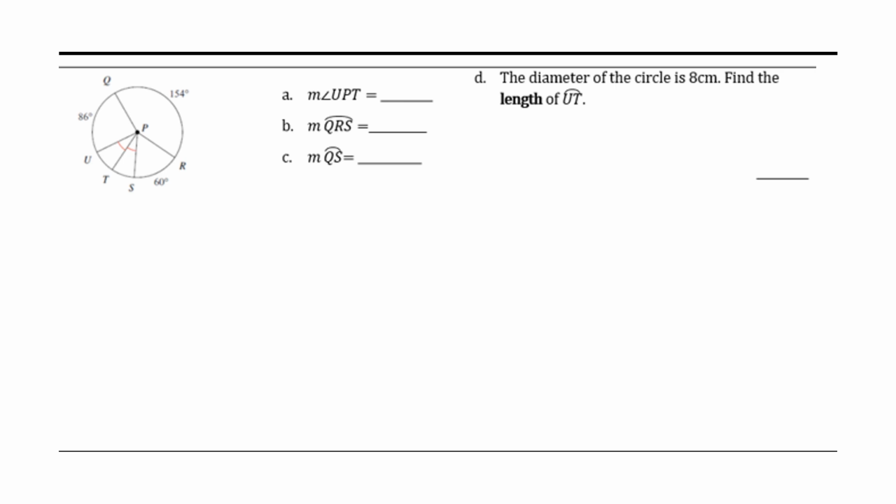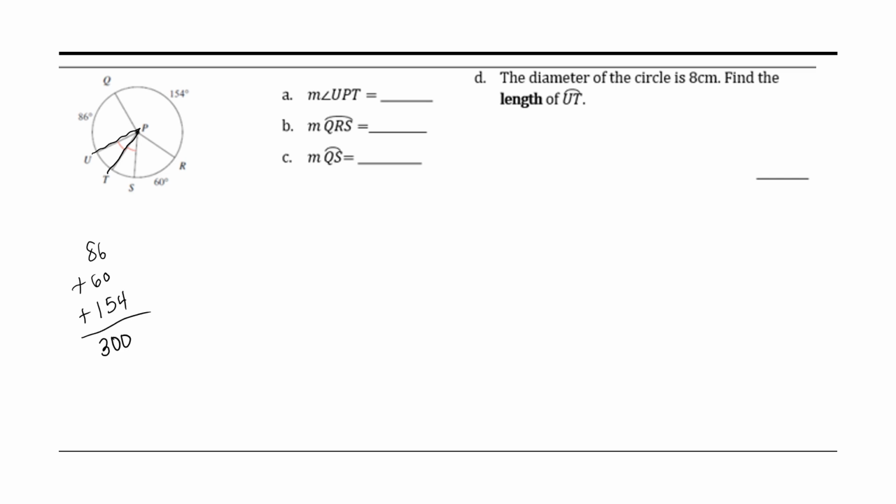Measure A is the measure of UPT. So UPT would be this measure, and I don't know what that measure is, but I do know that all the way around the circle should be 360 degrees. So I'm going to do 86 plus 60 plus 154, and that gives me 300.